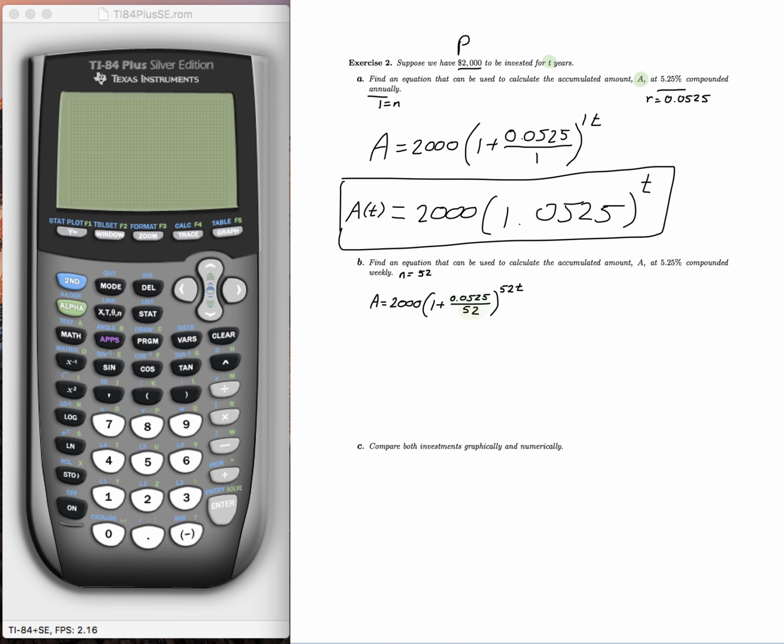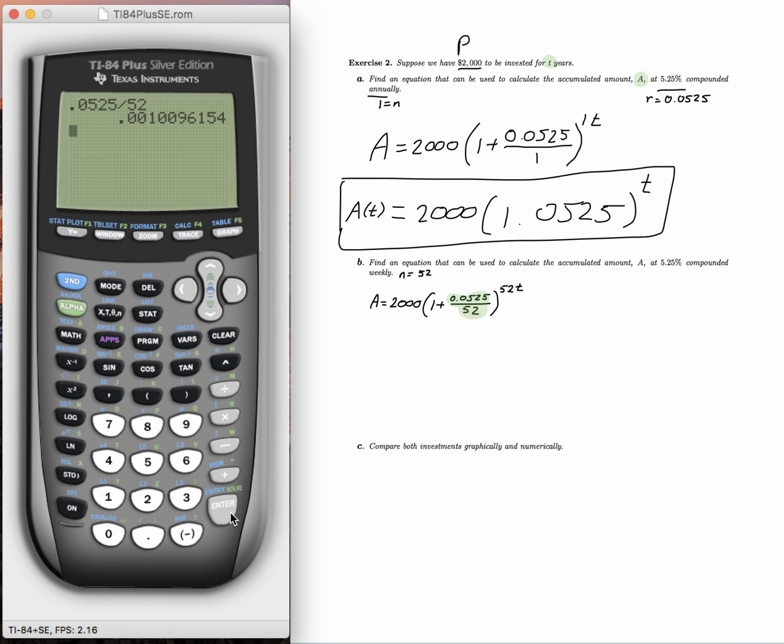Alright, so the interesting thing about compound interest is as the frequency goes up, right, this is going to be compounded 52 times every year, the rate actually goes down. Our interest rate in the first case was 0.0525, and that was an annual rate. Now our periodic rate is very small. It's this quantity 0.0525 divided by 52, which if you calculate that is 0.001.